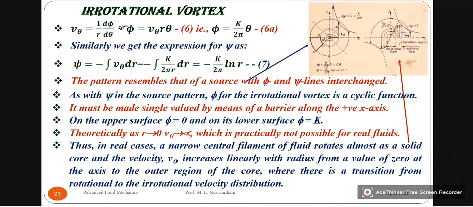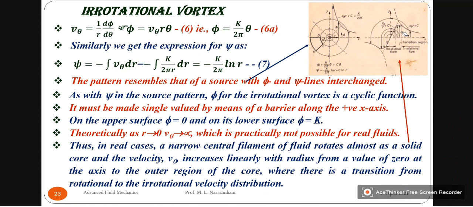Now, if you want a practical example for this, you take the case of a hurricane or storm surge. When there is a cyclone, what will happen? There will be a rotating mass of fluid which will have zero velocity at the center and a very high velocity at one point.